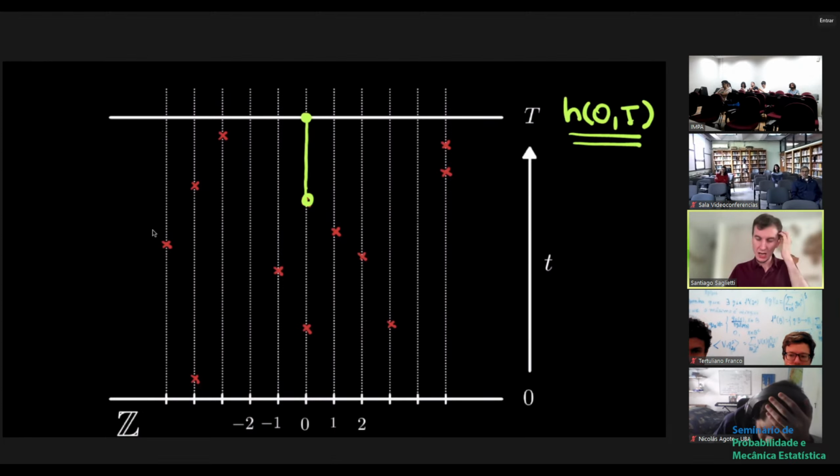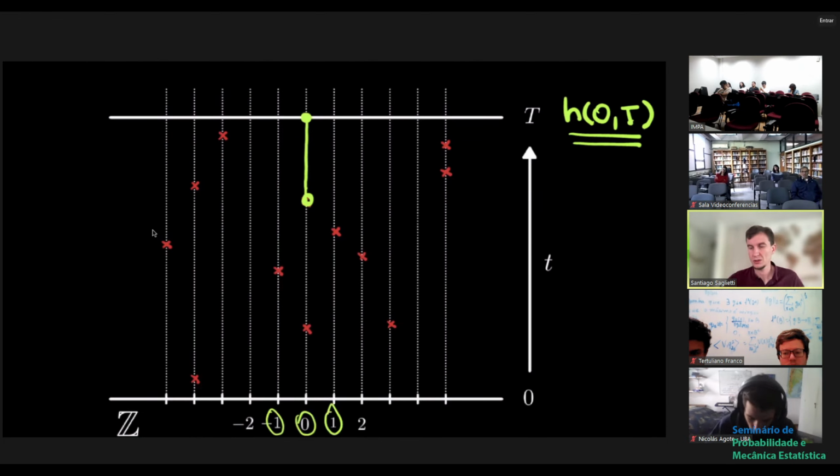So in order to decide what this block is going to do, at which height it's going to stick to the surface, the block needs to see which one of the columns is the tallest one, whether it's this one or that one or that one. And it's going to stick to whichever one is tallest.